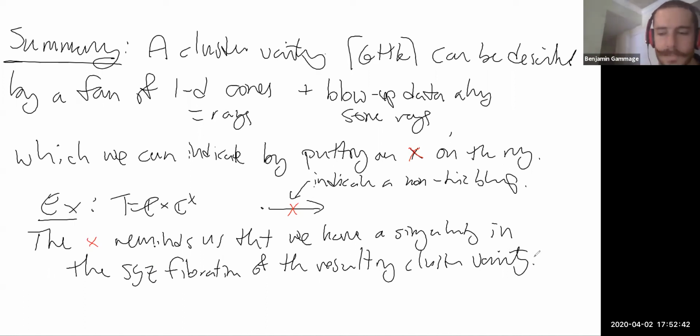Yeah, so that's one thing now. So that was a summary of the Gross-Hacking-Keel thing.